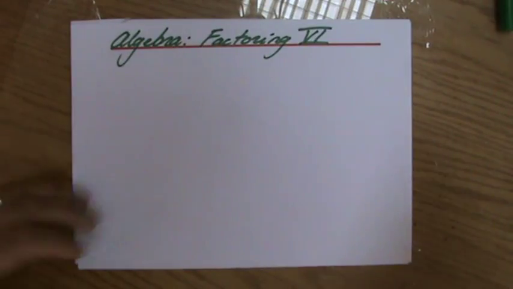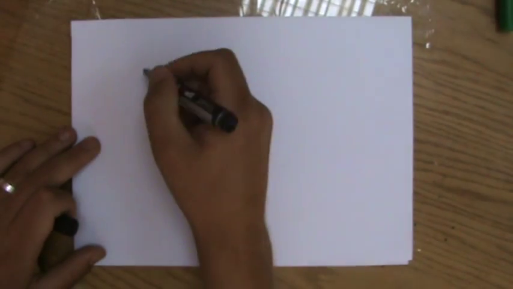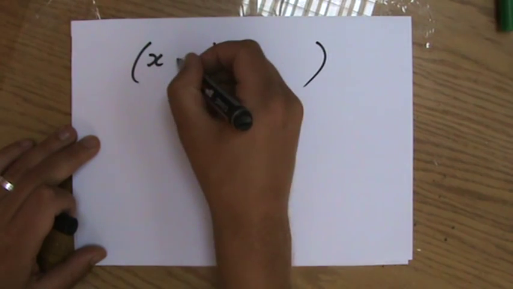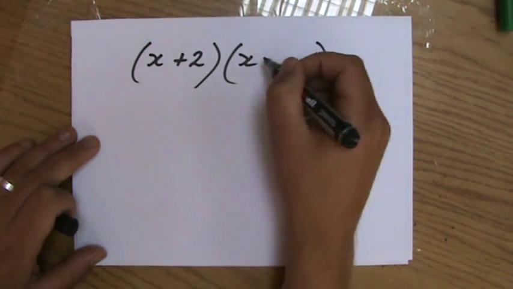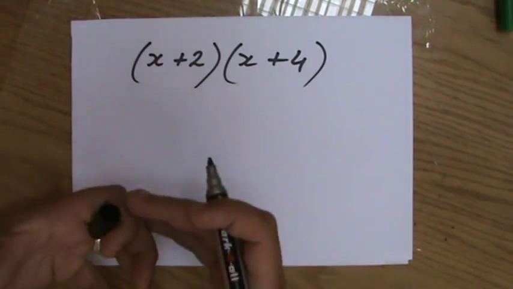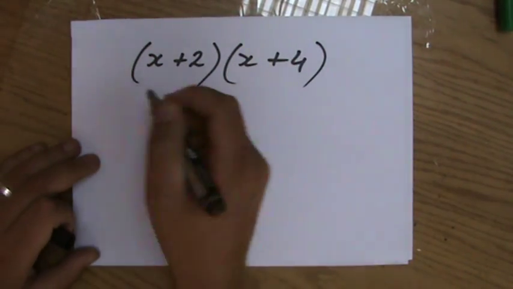Teachers have different ways to explain this, and I have my way, so there we go. First of all, let me just expand. Remember this one: x plus 2 and x plus 4, and the question would be to expand it. So let's expand it.